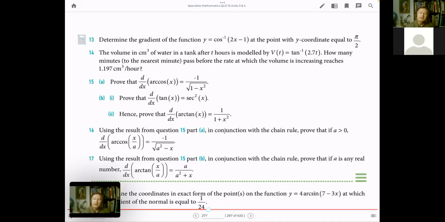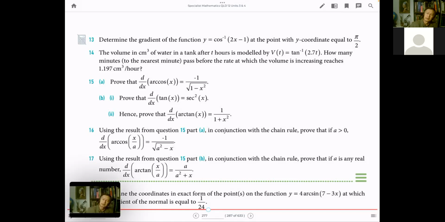So the condition is not for the volume. The condition is for the rate. So this condition, 1.197, is the first derivative of V(t), isn't it? Yes. I know the question now.